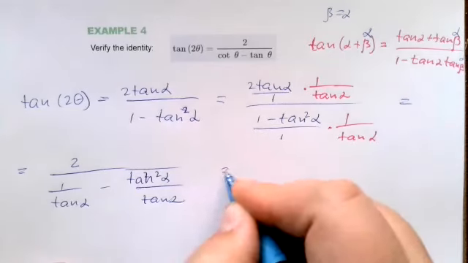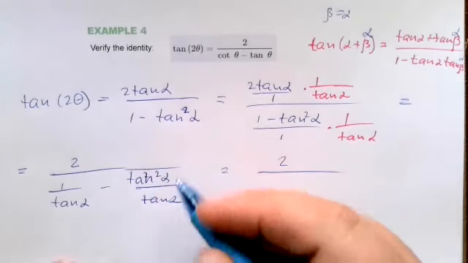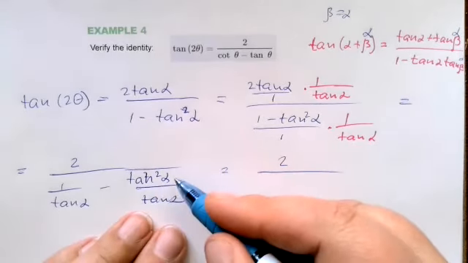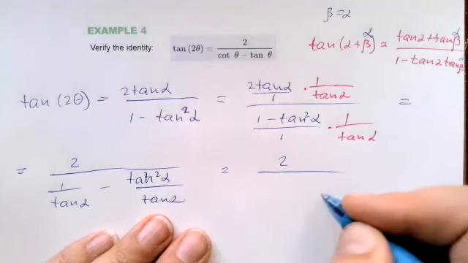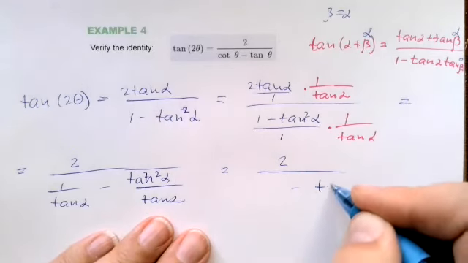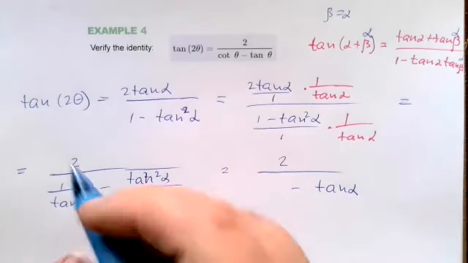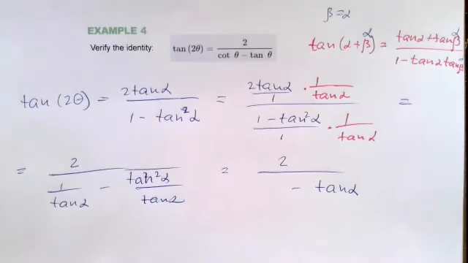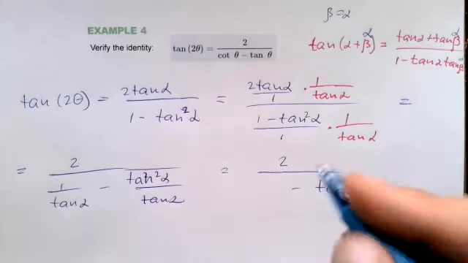Well, you realize that tangent squared alpha over tangent is going to be just tangent. Now, what is 1 over tangent theta? Well, that's our reciprocal identity. So this is basically a cotangent. This equals cotangent.